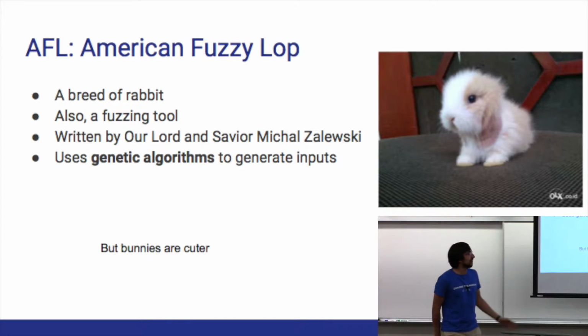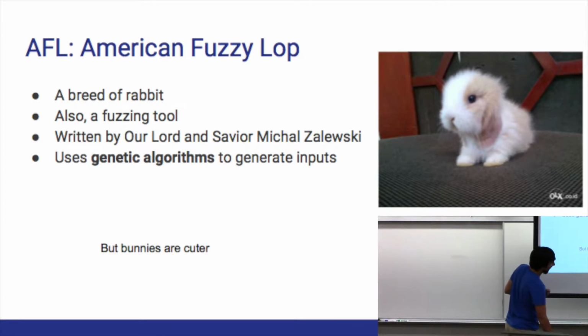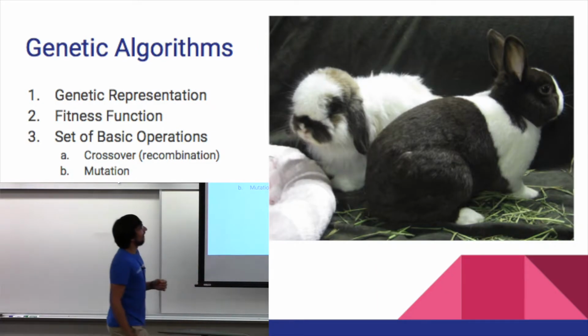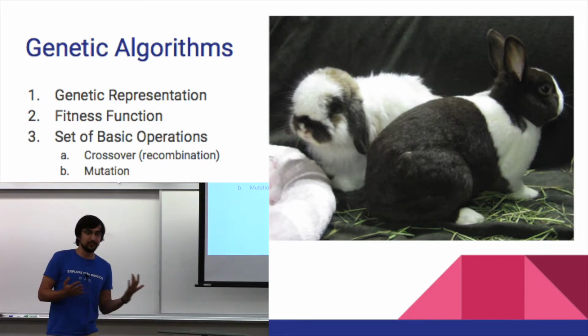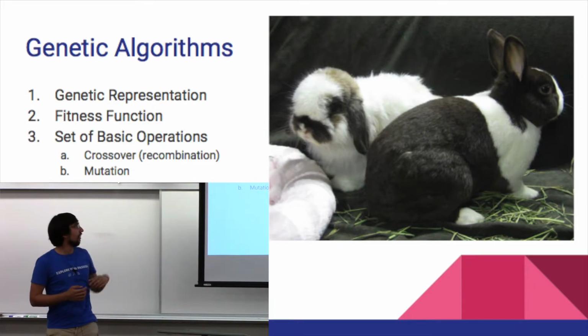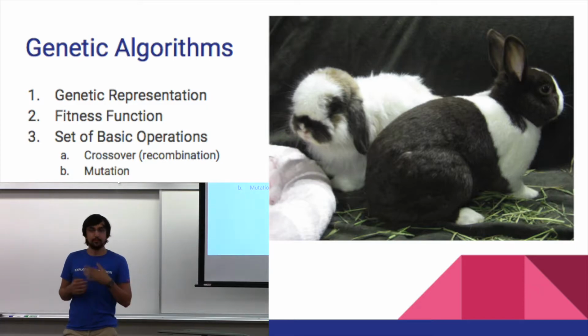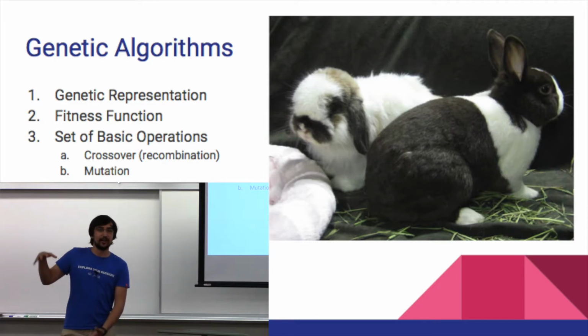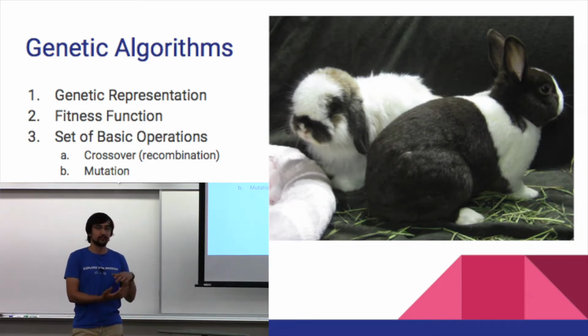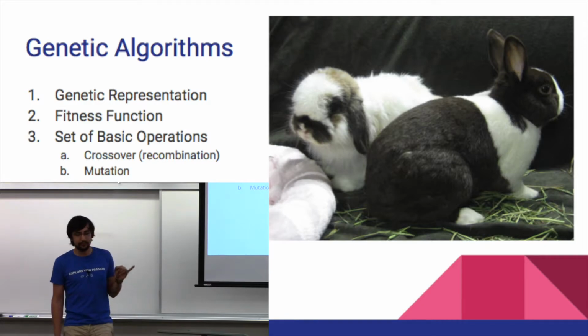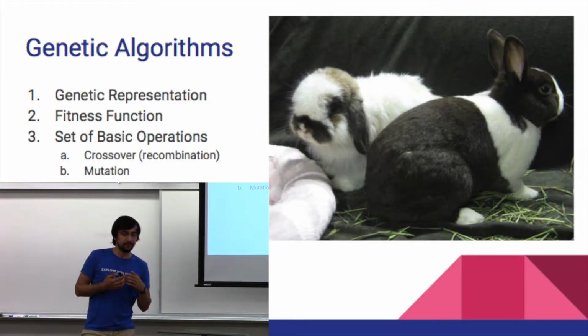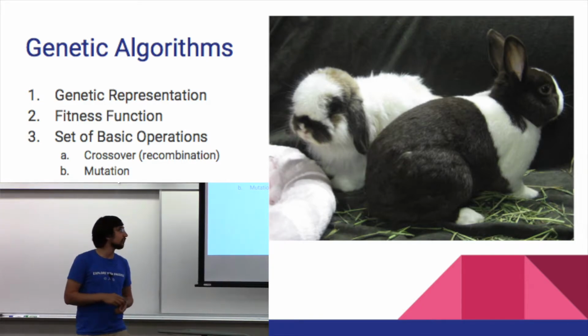Okay. So next up we're going to talk about the genetic algorithm that goes into AFL, which sounds scary and is cool. Genetic algorithms are loosely defined by a composition of a few parts. One is a genetic representation, anything from some super complex natural language representation to a binary tree to what AFL uses, which is essentially just a byte representation.